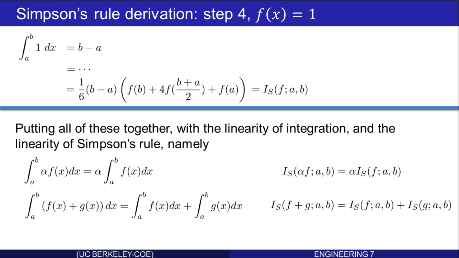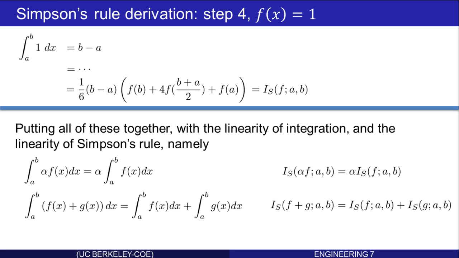Likewise, if we apply Simpson's formula to the sum of two functions, again remember, Simpson's formula evaluates a function at 3 points, adds them together with different weightings, and scales that. So applying this to the sum of two functions is the same as applying it to the two functions individually and then adding them back up.